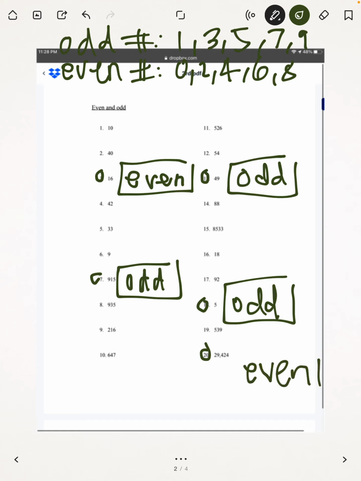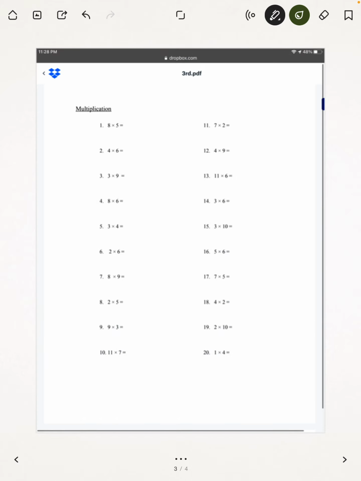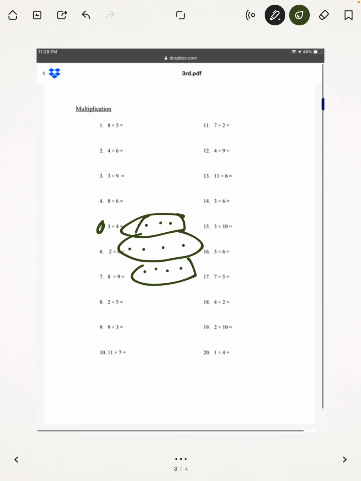Moving on to the next page, we're going to be going over multiplication, and I'm going to be starting off with number 5. I'm going to be drawing 3 sets of 4. So we have 1, 2, 3, 4, 5, 6, 7, 8, 9, 10, 11, 12.